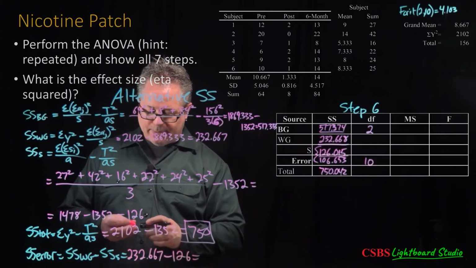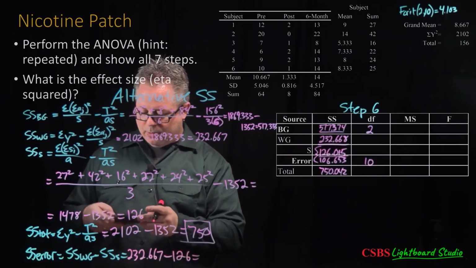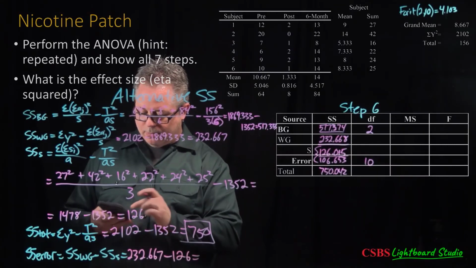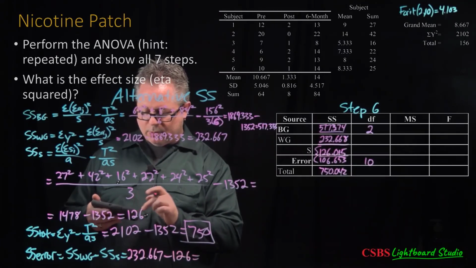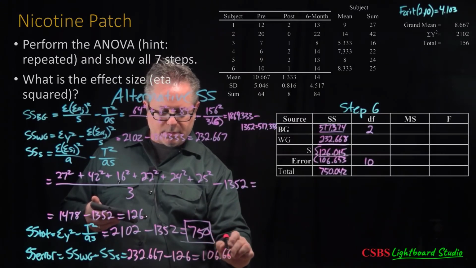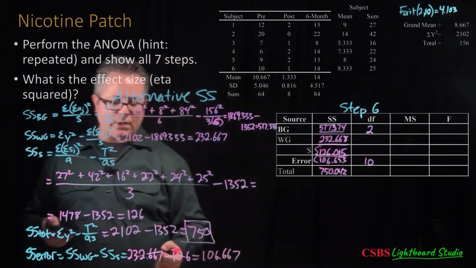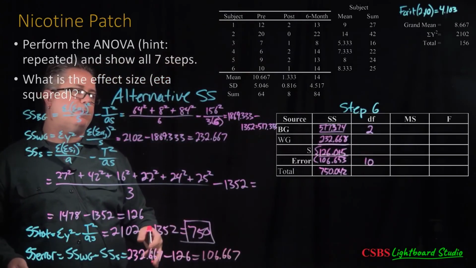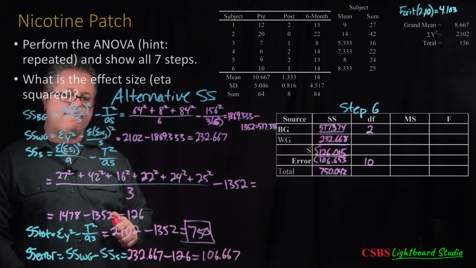So doing it this way, we'd estimate 232.667 minus 126 equals 106.667. We got 106.653. Again, everything is sort of off in the second decimal place, but it's close enough, and we're following all the steps correctly. Again, it's probably just a rounding thing.